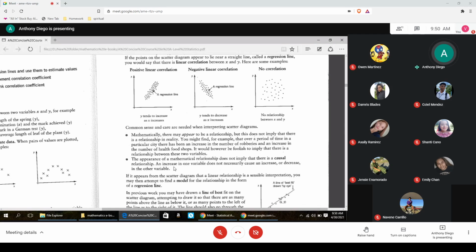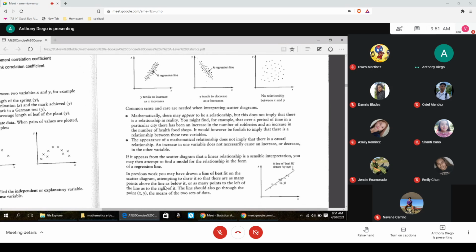If it appears from the scatter diagram that a linear relationship is a sensible interpretation, you may then attempt to find a model for the relationship in the form of a regression line. Now, the regression line is also known as the best fit line or the line of best fit.